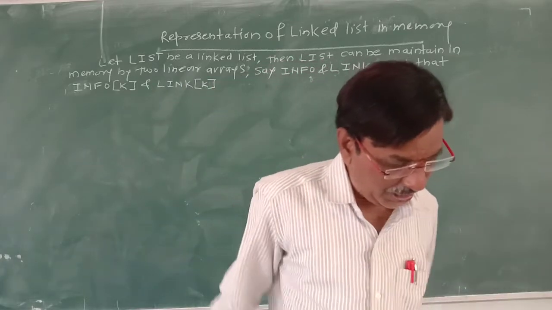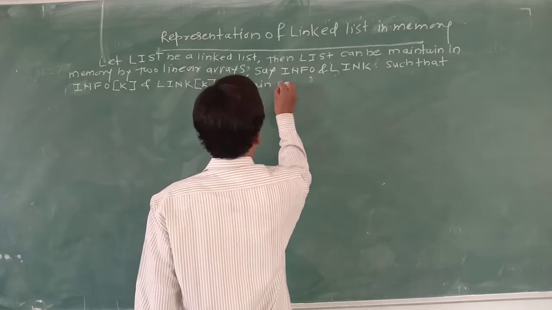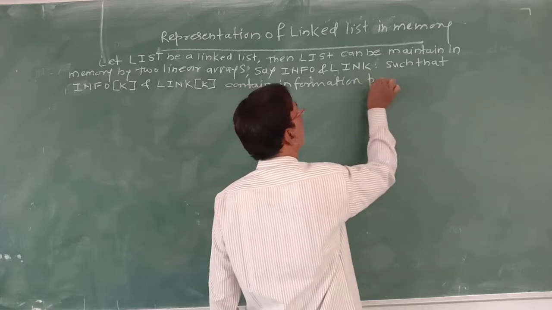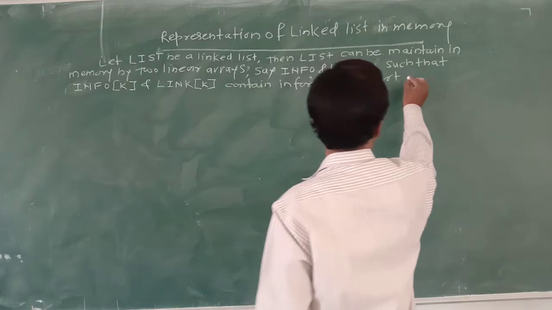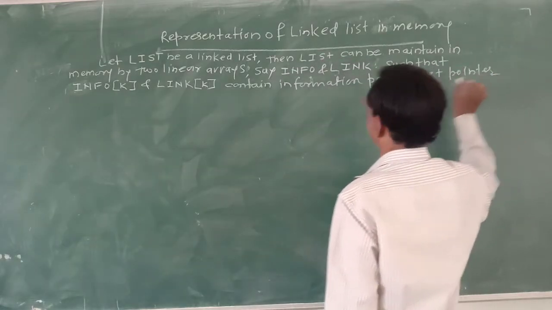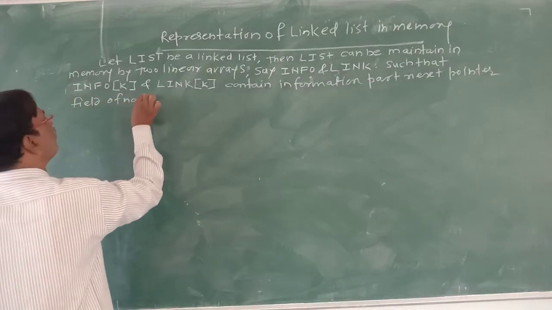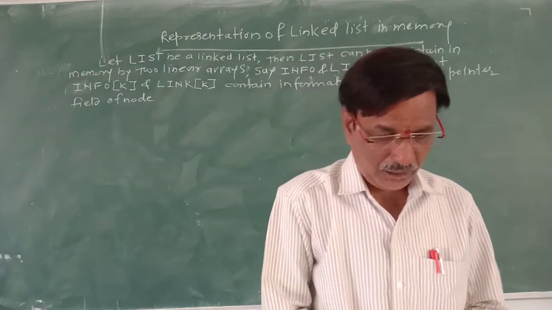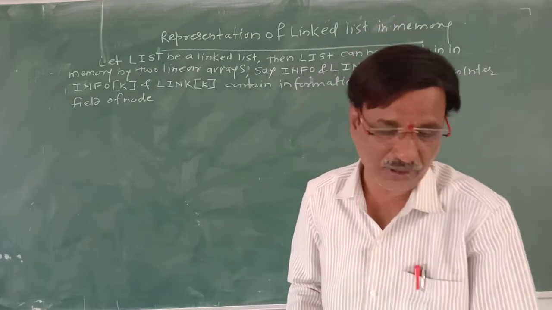It means they contain the information part and the next pointer field of the node. Now, the list also requires a variable. Four things are required: two parallel arrays, a variable, and a sentinel.